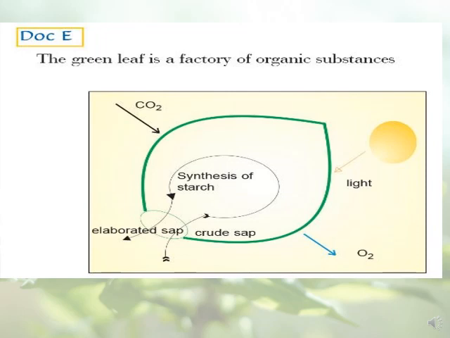What does this mean? During photosynthesis, carbon dioxide is absorbed from the air, and water is absorbed from the soil by the plant. Carbon dioxide from the air, water from the soil. They mix together in the presence of sunlight to give O2, which is released into the air, and starch, which forms the elaborated sap. That's why we have a dark blue color with iodine test, because we have starch, which forms the elaborated sap.